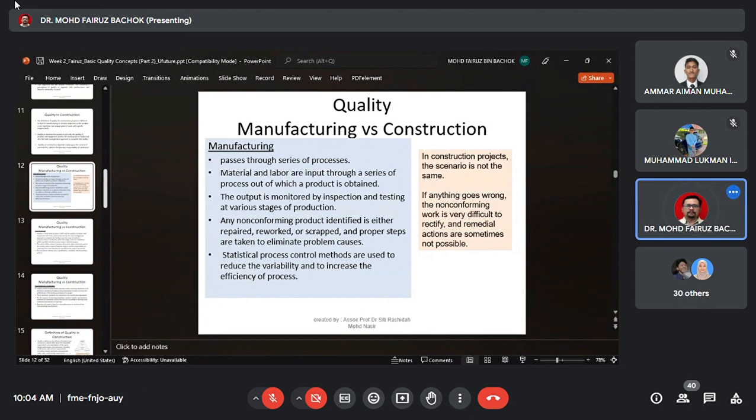Okay, so construction product means like a foundation, like a beam, like a column. It's not a small product. It's a big product, and it needs more time to produce. It's not like a product in a factory in a short time.